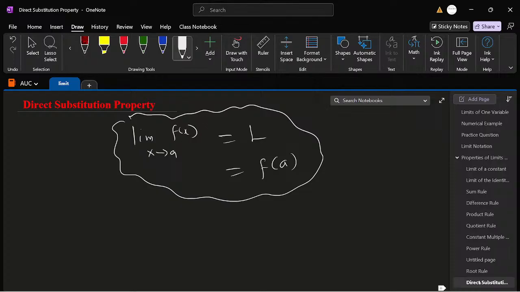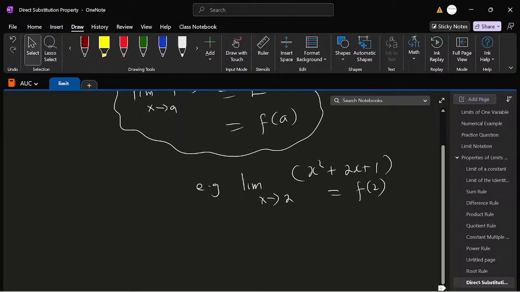If you look at an expression, let's say the limit as x approaches 2 of this polynomial, x squared plus 2x plus 1, the answer of the limit will be f of 2. So we have to substitute directly.